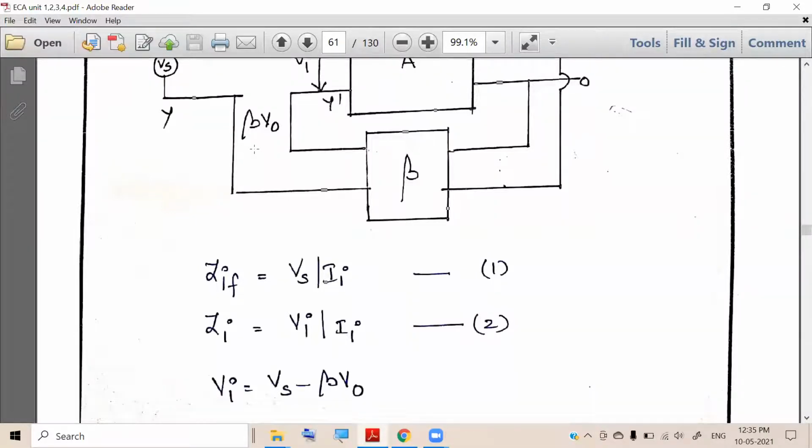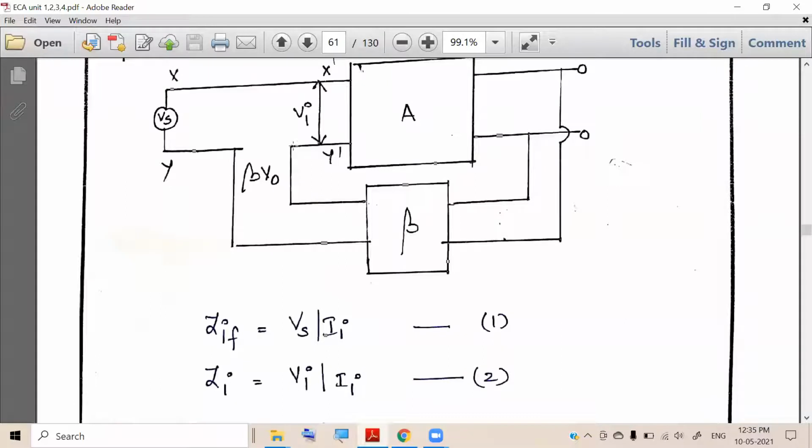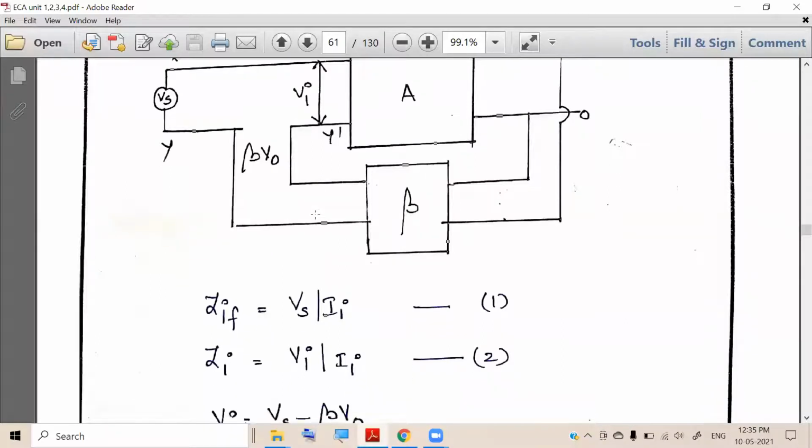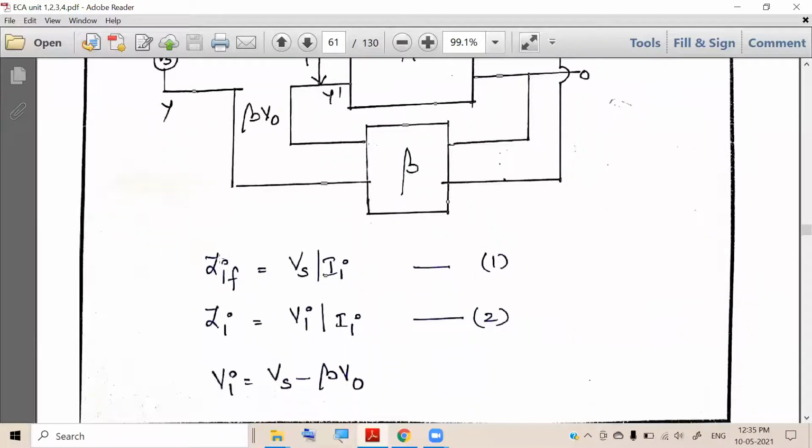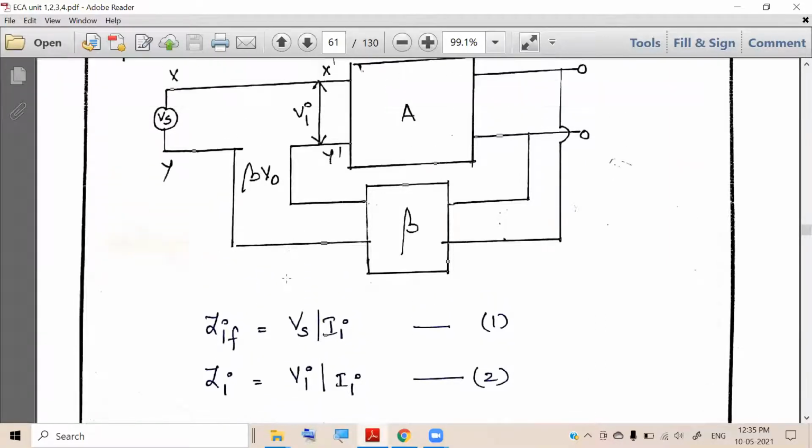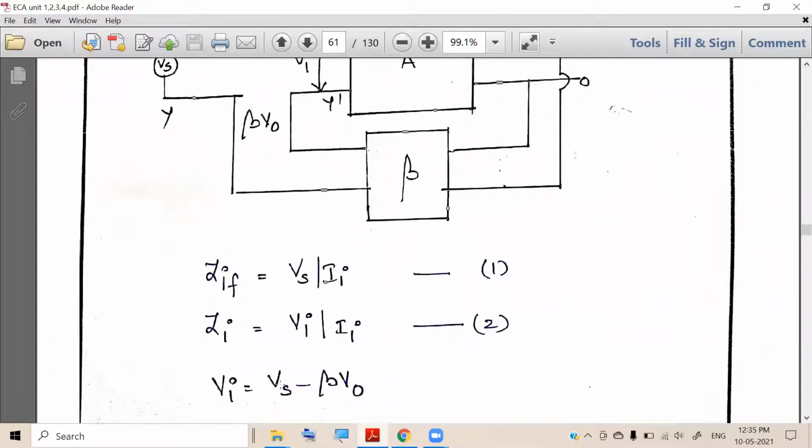So for finding output impedance, one of the rules is Vs is 0. When Vs is 0, if you put Vs 0 in this relation, Vi is equal to minus beta V naught.